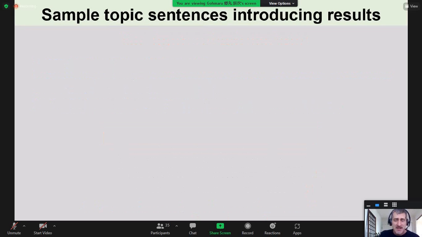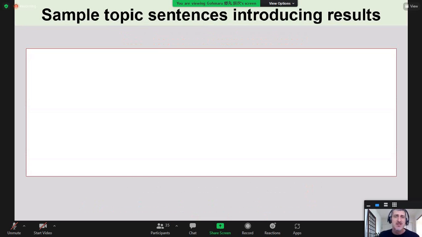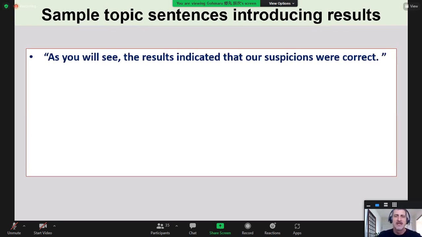So some sample topic sentences, I've already shown you these, but just to think about what good topic sentences might look like, they don't always have to completely say the names of organisms or whatever. We can be a little bit broader.